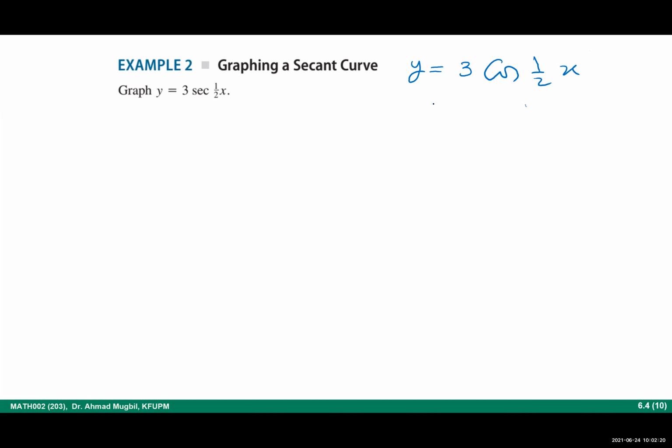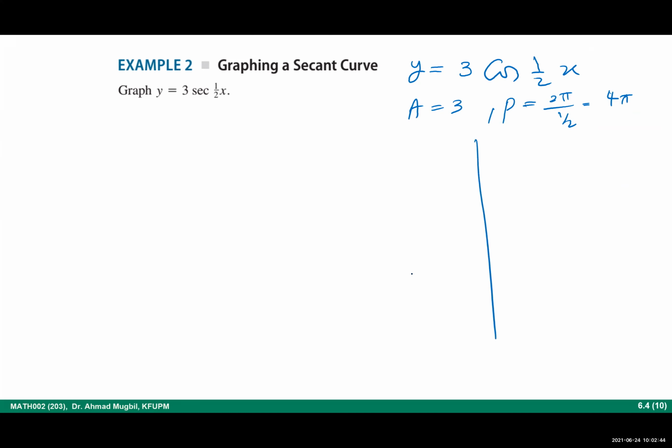To sketch this graph, you know that the amplitude is 3. The period is 2 pi over a half, so it will be 4 pi. There is no horizontal shift, we are lucky. So we will start from 0 up to 4 pi. Let's go directly to the sketch.